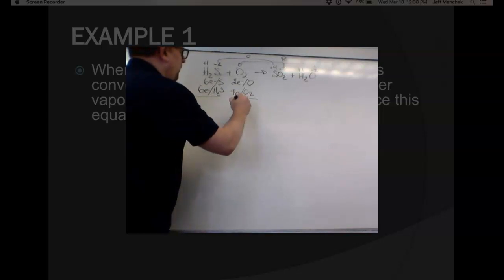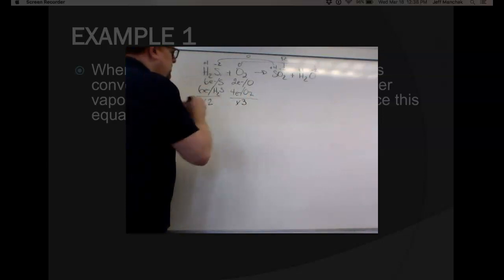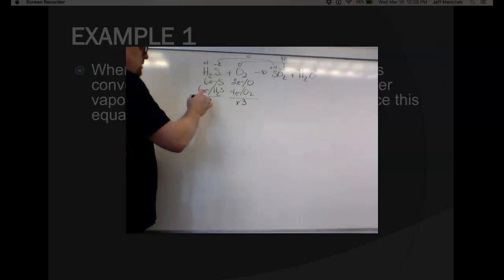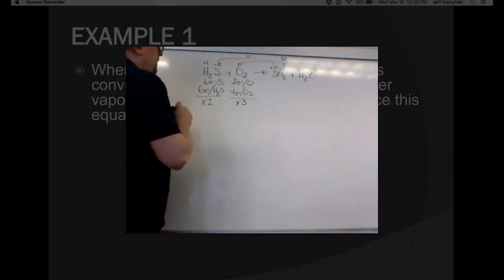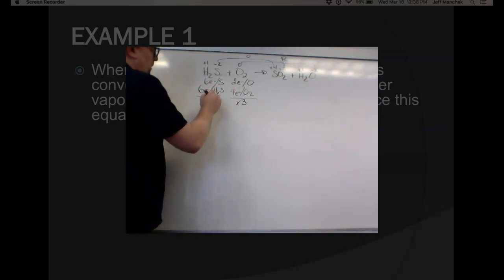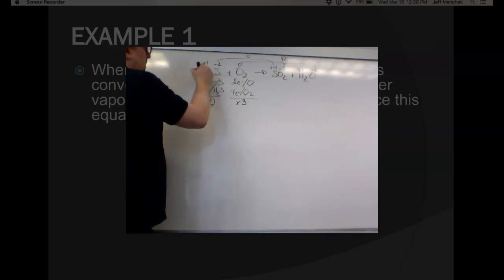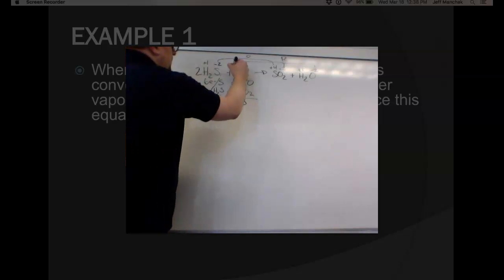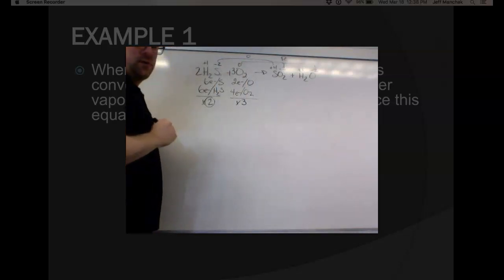We're going to multiply this by 3 and this by 2 to make sure that happens, right? Because 2 times 6 is 12 and 3 times 4 is 12. So what this 2 represents is a coefficient of 2 up here, and what this 3 represents is a coefficient of 3 up here.